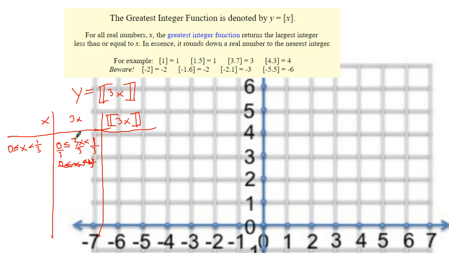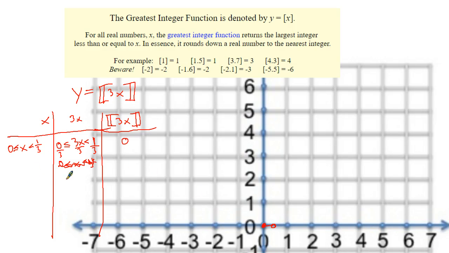So it turns out when 3x is between 0 and 1, we'd expect greatest integer of 3x to be 0. So when 3x is between 0 and 1, we expect y to be 0. Okay, but what's x? X is between 0 and 1/3. So for that reason, we go over here and we draw when y is 0, x is between 0, and I go about 1/3 of the way out and I do an open dot.